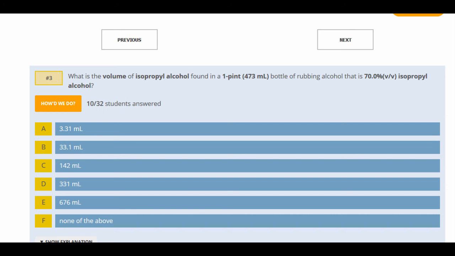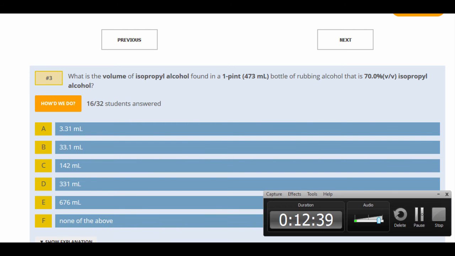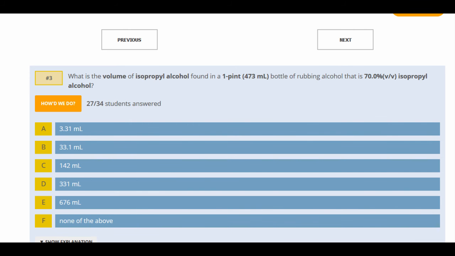Get our answers locked in. We'll give you about another minute or two. Talk with the neighbor if you need to. And we'll count down. 5, 4, 3, 2, 1. Correct answer here, 331. Great job as a whole.